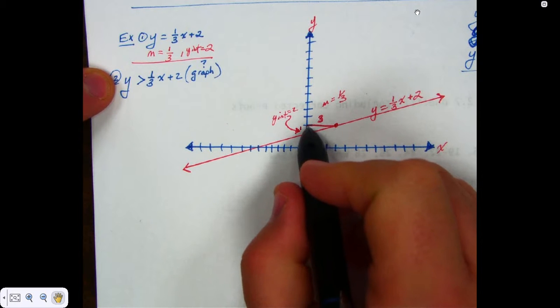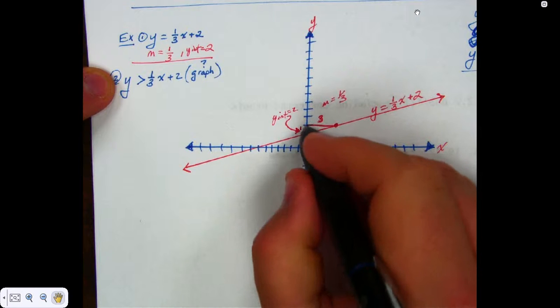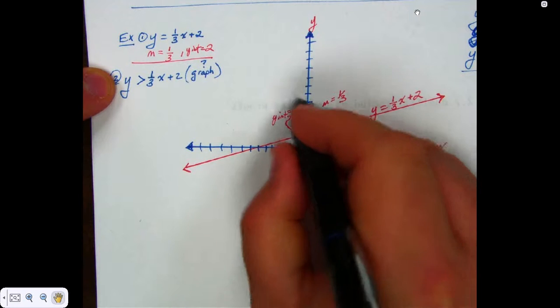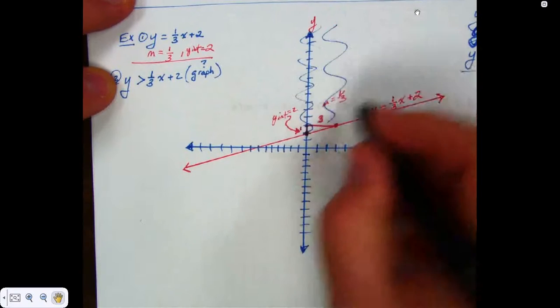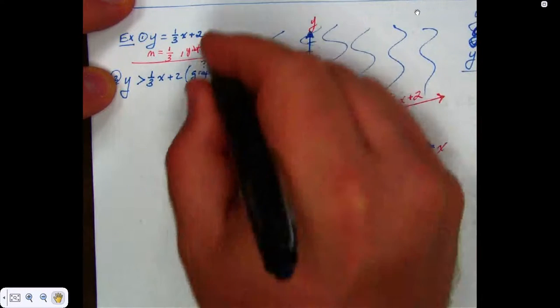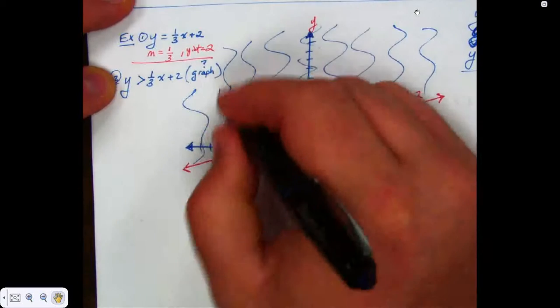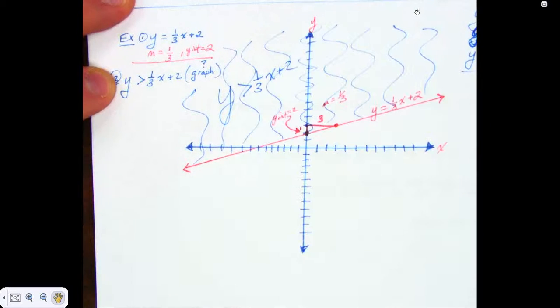Which way on the y-axis do the y's get bigger? On this side. So that's the side of the line you shade. That is where y is greater than 1/3x plus 2.